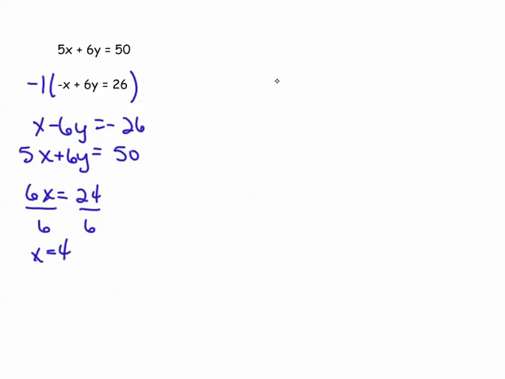Little substitution now. I'll just do the first equation this time. I have 5x plus 6y equals 50. And we'll substitute 4 for the x. And we know that 5 times 4 is 20.